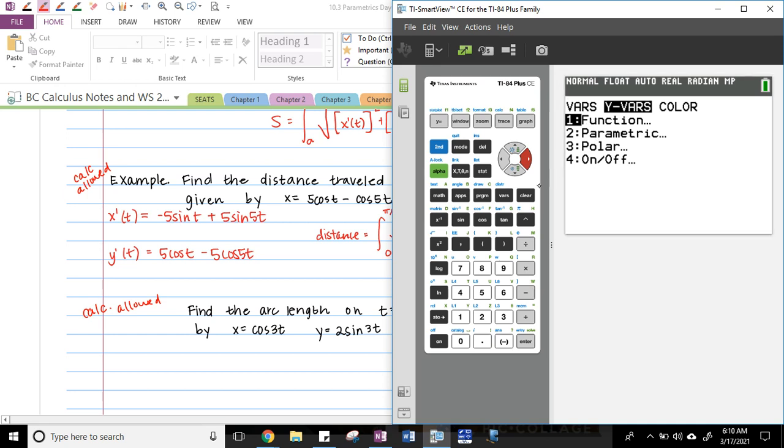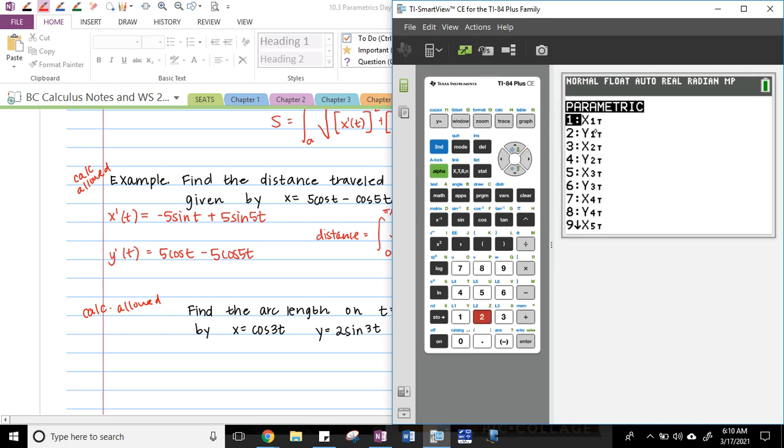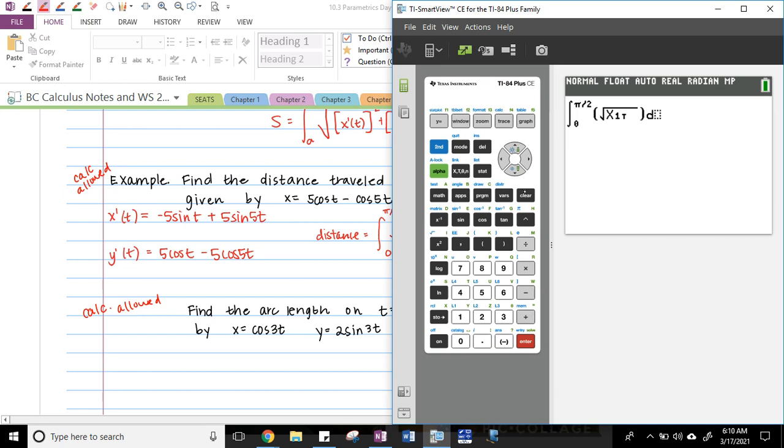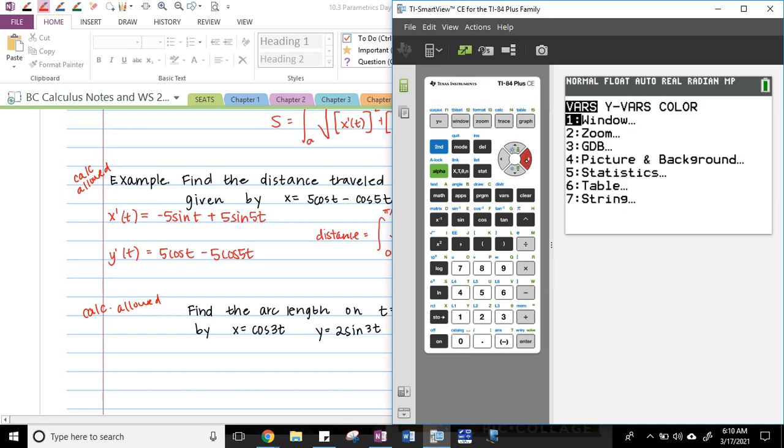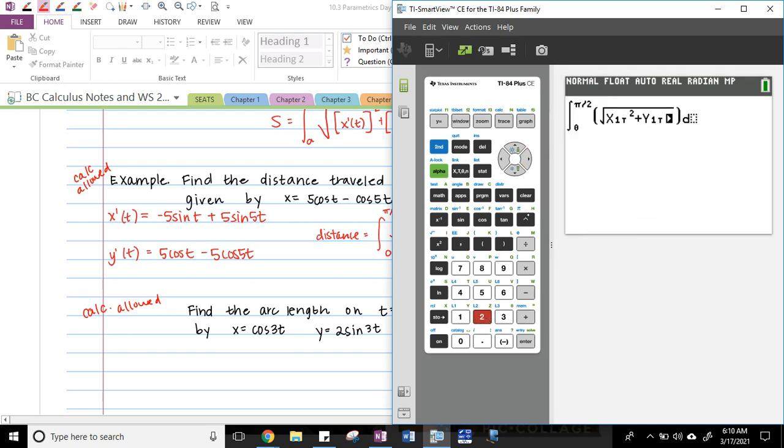We're normally in function, but we're in parametric mode. And they're right there. So I want that squared plus, go back there and find the y1 squared, and dt. All right, so we get a nice solid distance of 10.